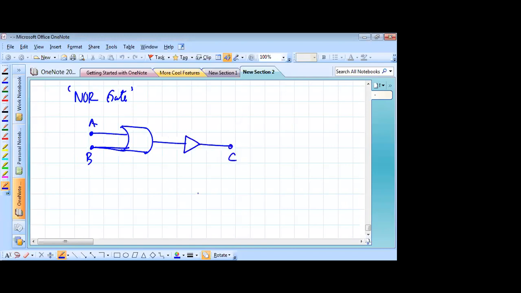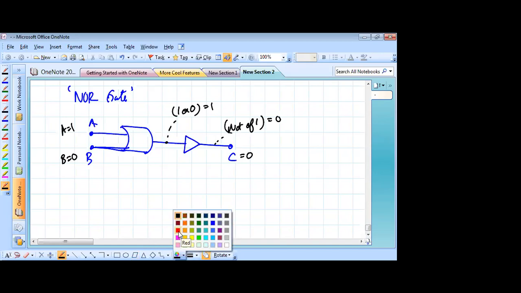So for example, if we had A equal to 1 and B equal to 0, this would over here become 1 or 0, which is equal to 1. But then this would become not of 1, that would become 0. So C would become 0.